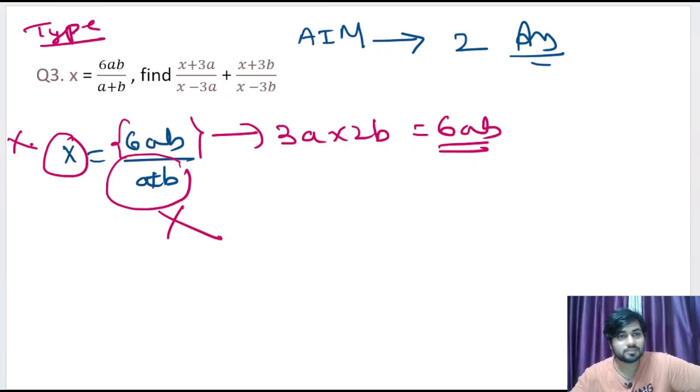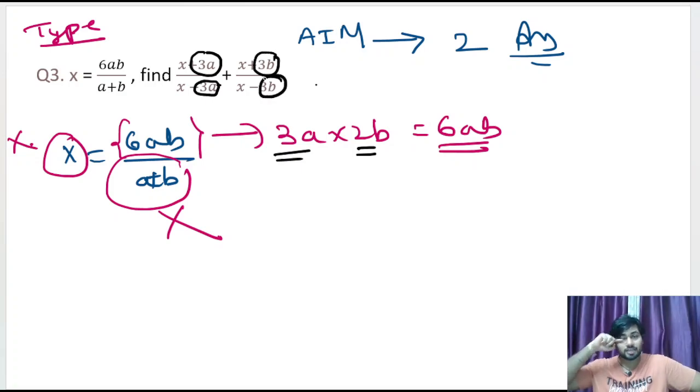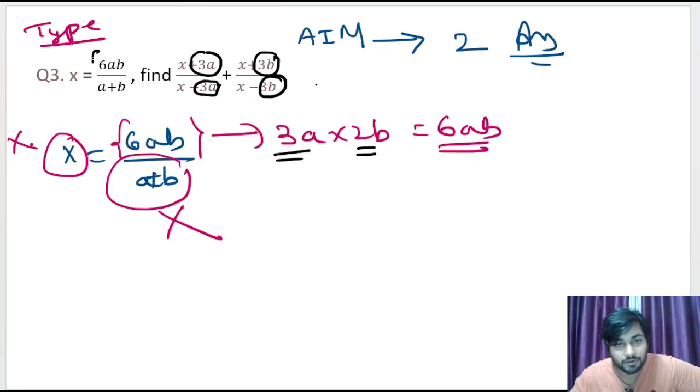Now this 3a and 2b will be seen with plus x and minus x: 3a, and again plus 3b and minus 3b. In these types of questions, whatever is in the numerator will first be broken down into its multiples, and it will be seen in the find expression.